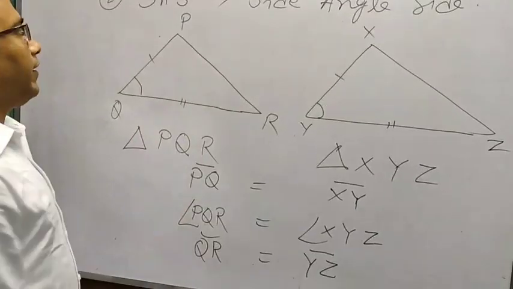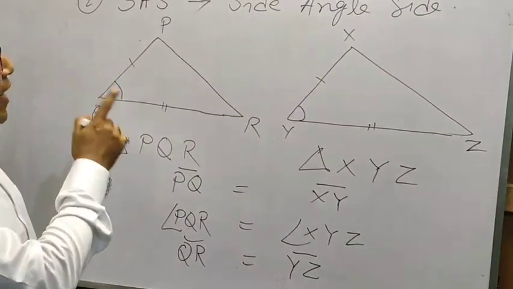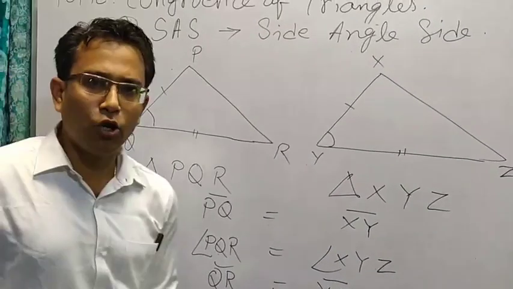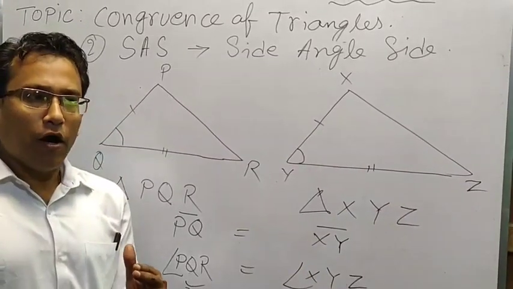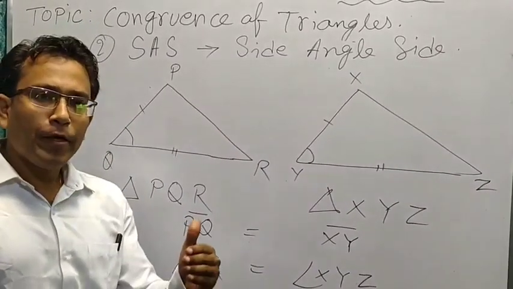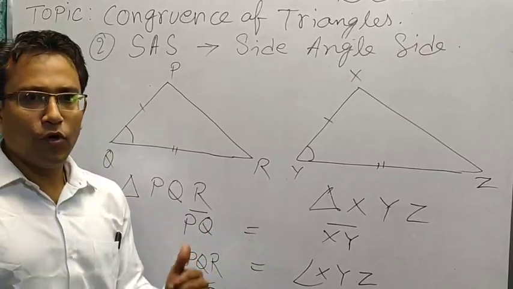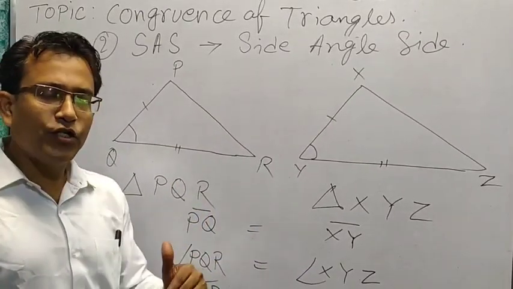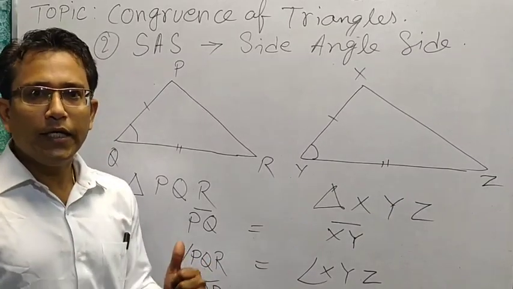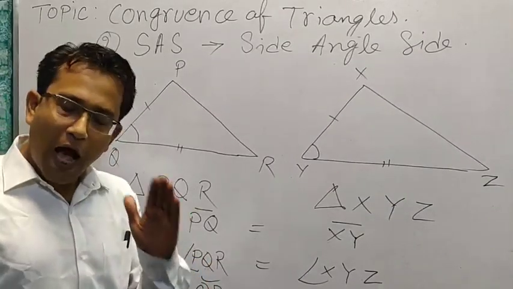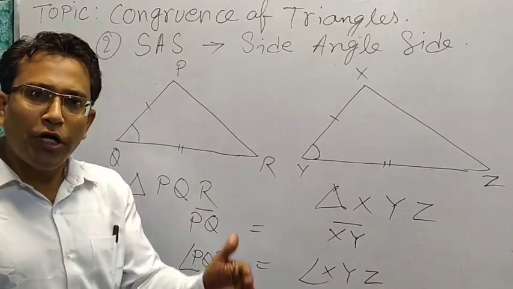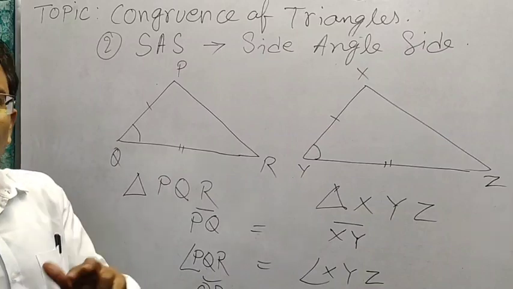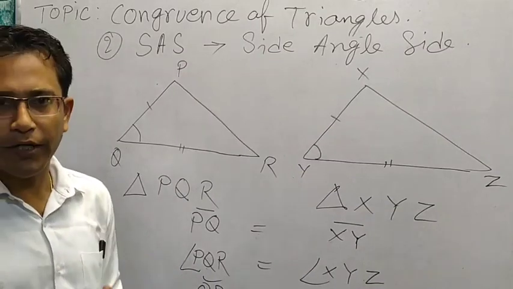In this criterion, side angle side, the two triangles are congruent in this way: if two sides of a triangle and its included angle are equal to the corresponding two sides and included angle of another triangle, then the two triangles are congruent.